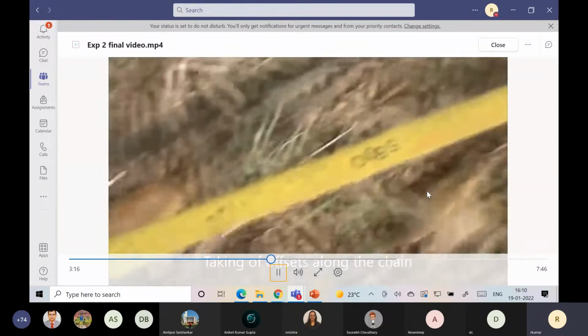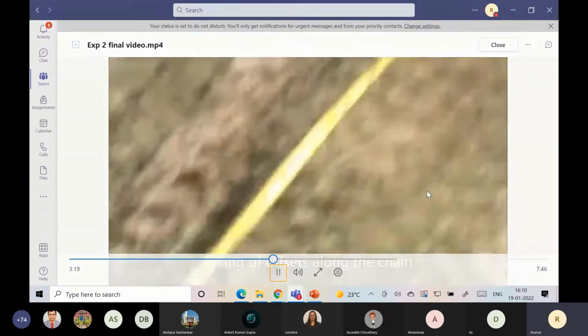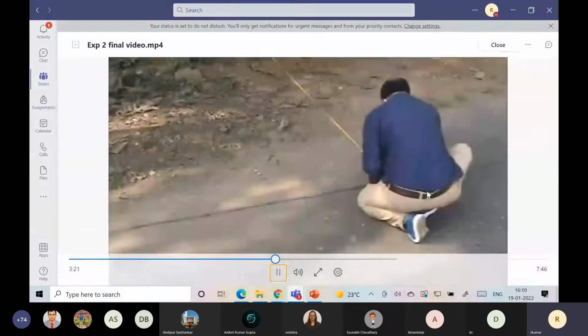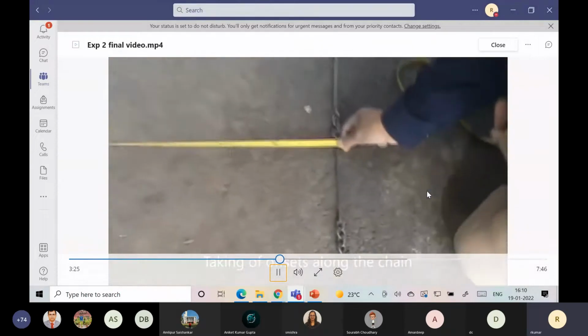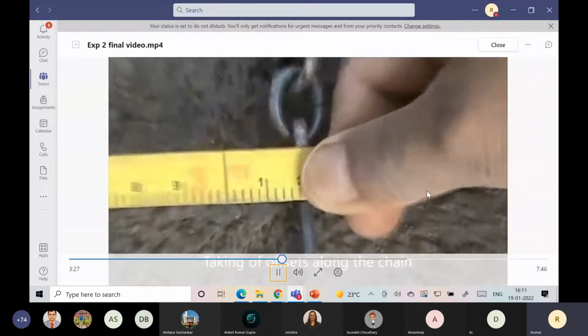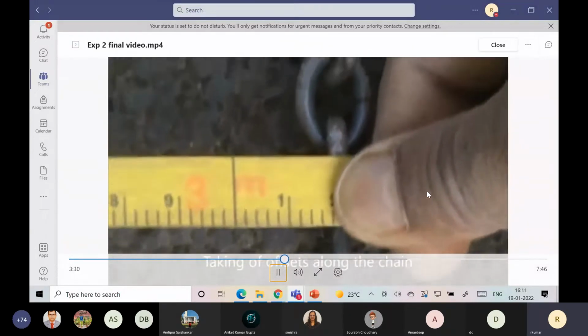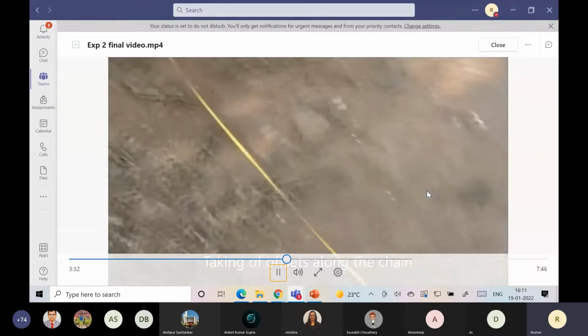On either side there will be some fixed point. It should be on the ground; we should take it on the ground. Now we are taking the offsets of some tree, where the location of the tree is. These are all perpendicular offsets. We are not showing you any oblique.